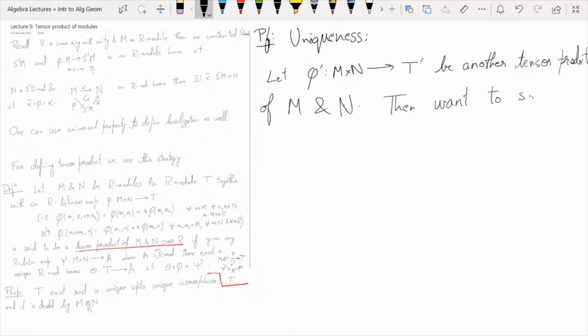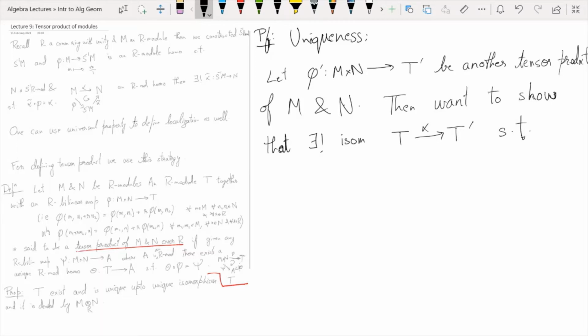And now I'll say what it means to be unique up to unique isomorphism: that there exists a unique isomorphism alpha from T to T prime such that this diagram commutes.